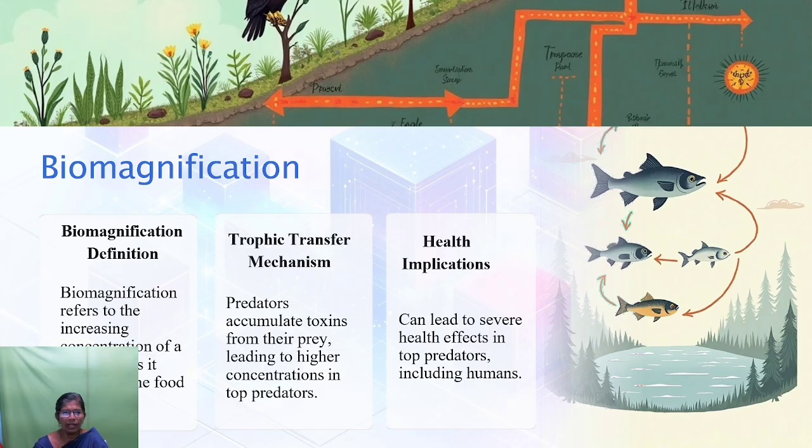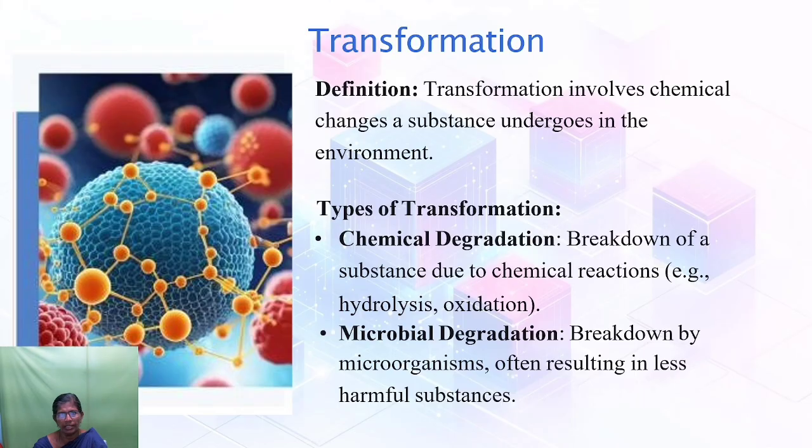Predators will accumulate toxins from their prey. So they will take the prey, and through the prey the toxins will be transferred to the predators. So there it will increase in concentration. The concentration will be higher in the top predators. So this will lead to health implications also, including humans.